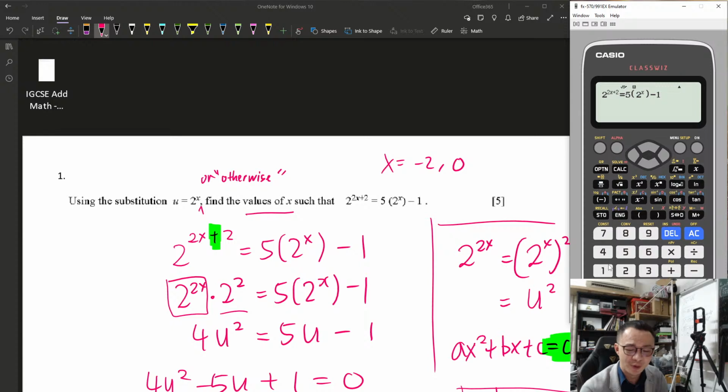I will do shift solve, and then the calculator asks me which answer I want it to be closer to. In this case, I want it closer to negative 2, so maybe I type negative 3. Then it says you have one answer, negative 2. L minus R basically means left hand side minus right hand side, which must always equal 0. That means both sides of the equation are balanced.